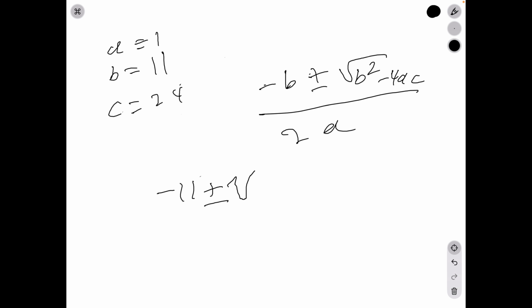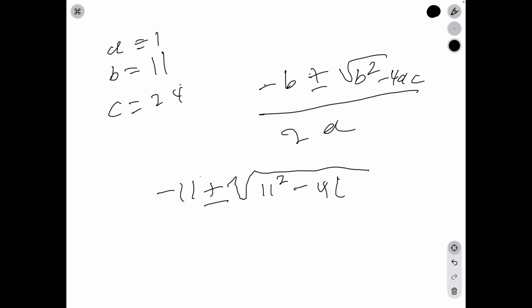We substitute for b again: 11 squared minus, even now I'm forgetting, I need to learn this more too, minus 4 times ac.